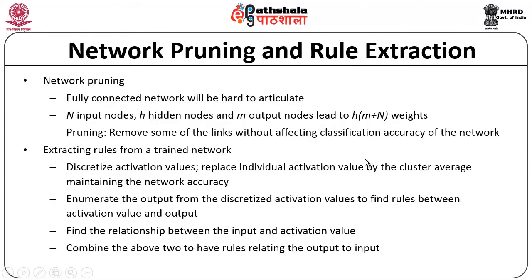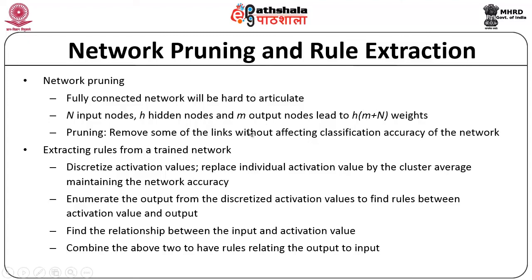So, in this fashion the inputs are modified and fed back to the previous layer. Now, when neural networks are used for classification, finally you end up with rules. These rules in turn may be used for analyzing or pruning the network which has been designed. How may this network be pruned? When you have a fully connected network, it is sometimes very hard to articulate.